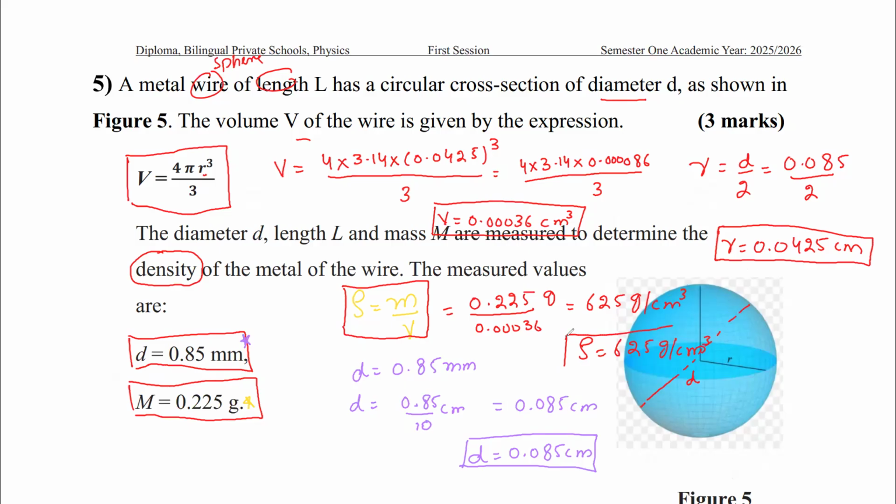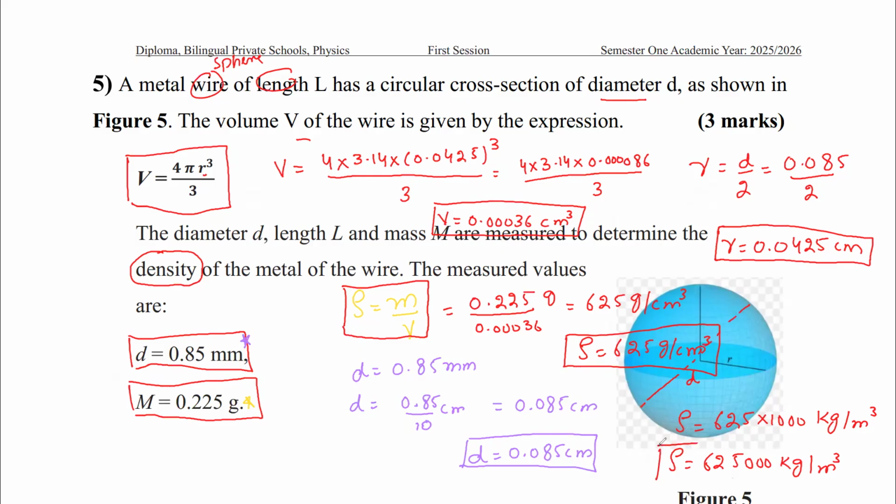Now, if I ask you to give the answer in kilogram per meter cube, what should we do? We just multiply by 1000. So density is equal to 625 multiplied by 1000, which is 625,000 kilogram per meter cube.